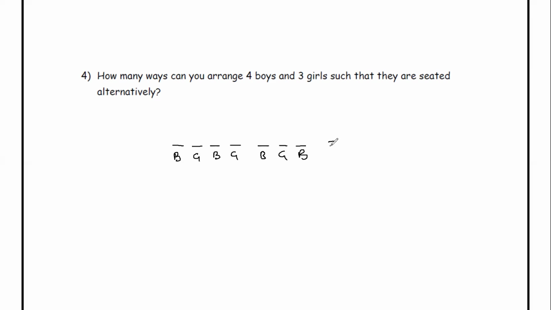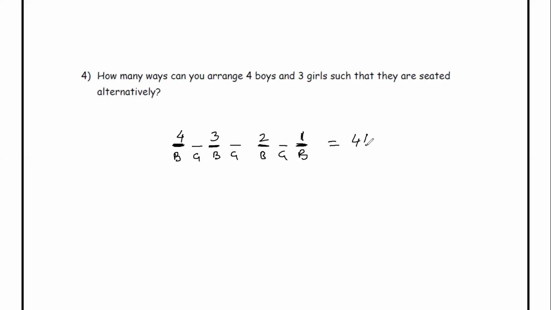So therefore, suppose there are 4 dashes for the 4 boys, then any of the 4 can be seated out here. So one of the boys takes the place on this dash. Then for the second dash, there are 3 choices because there are only 3 boys remaining. And then for the third one, there are only 2 boys remaining, and the last one, only 1 boy.